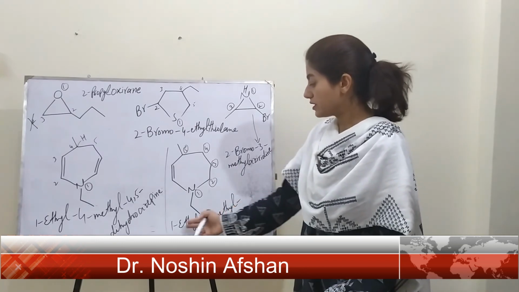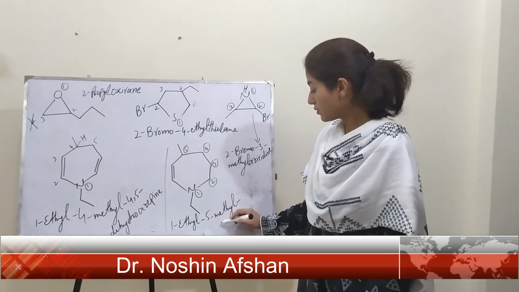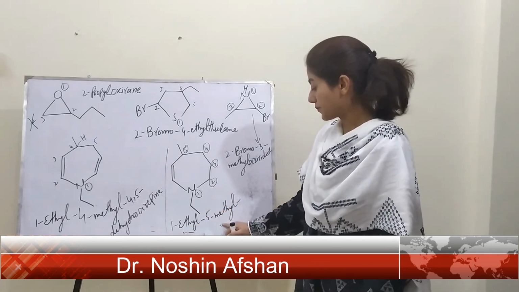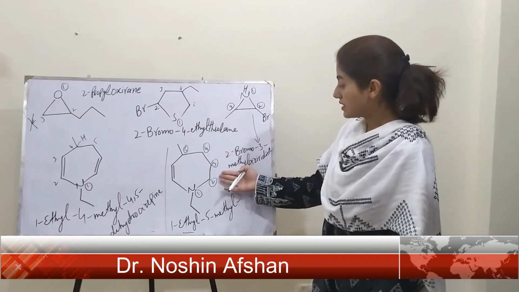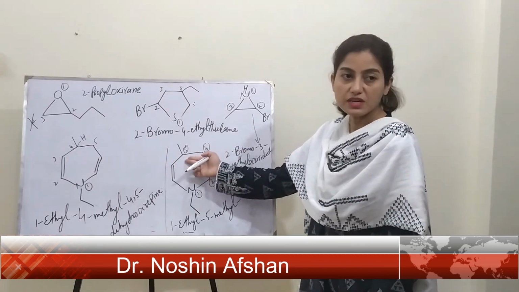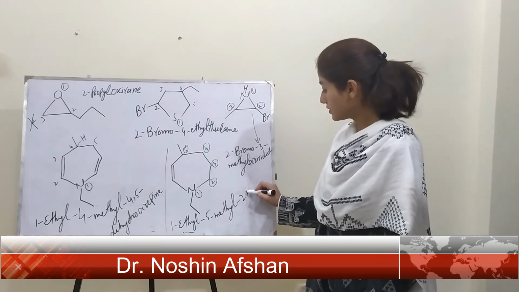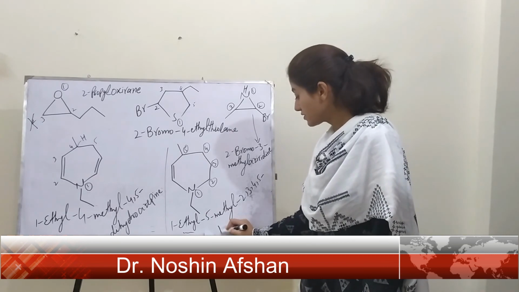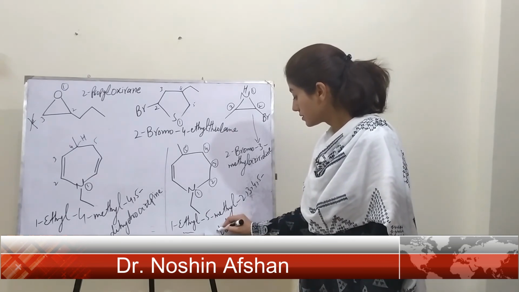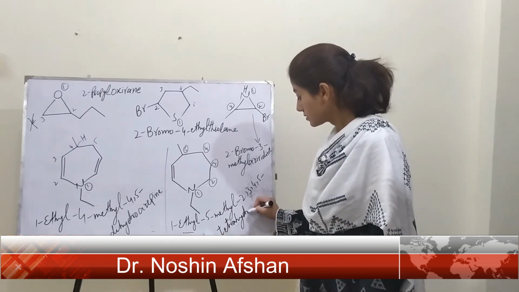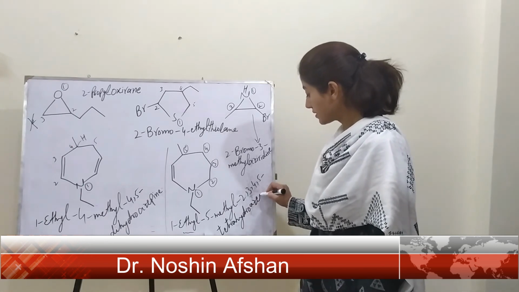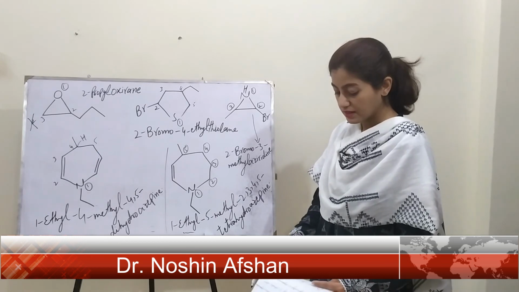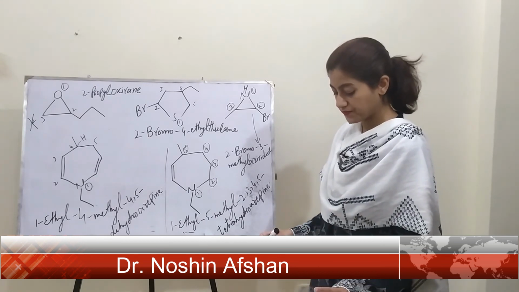You will not consider their positions, but you will only see the names of these substituents alphabetically. So now these 2, 3, 4 and 5th positions are the saturated ones. So here you will write down 2,3,4,5-tetrahydro azepine. So this is the complete name of it.